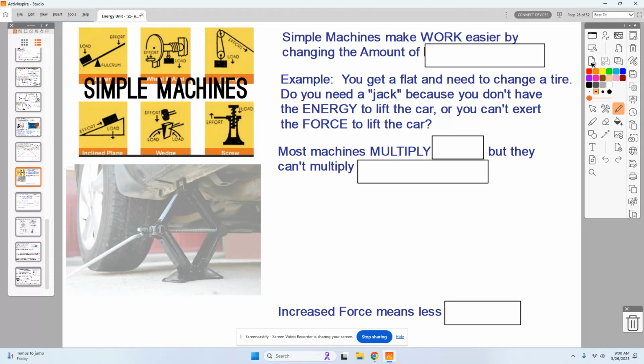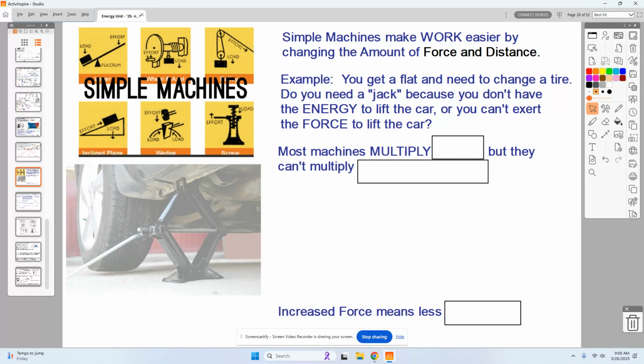The idea is that simple machines are ways of making forces bigger at the expense of making distances smaller. A jack like this is a force multiplier, so I can lift up a really heavy car without having to exert a tremendous amount of force. I'd like to show you how that works. These things change how force and distance act.